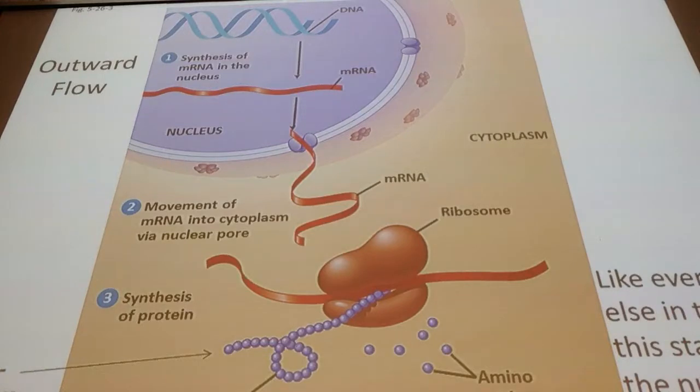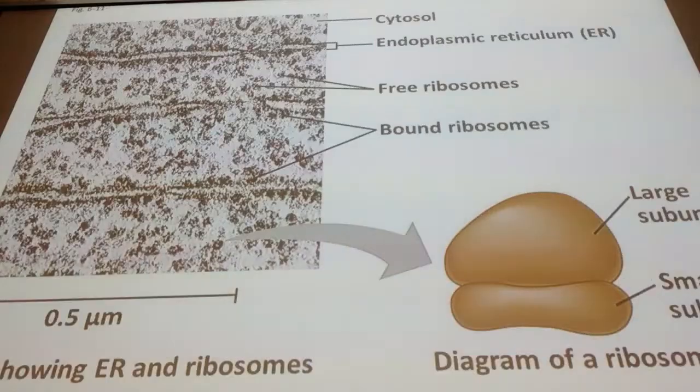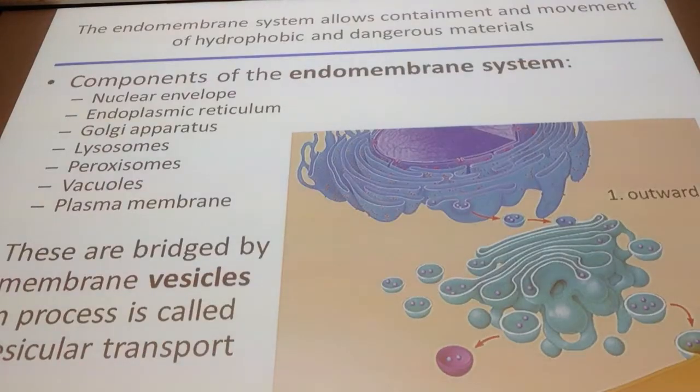Polypeptides or proteins that are to be membrane bound or secreted will have to be pulled into the ER, right? So that's back here. Now we're back here. Okay, they're pulled into the ER. We'll talk about very specifically how they're pulled in a minute. They're pulled into the ER, make their way from the rough ER to the smooth ER.